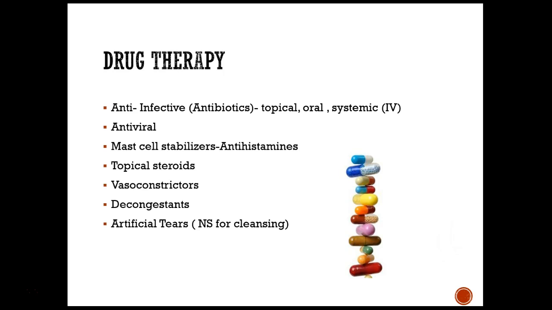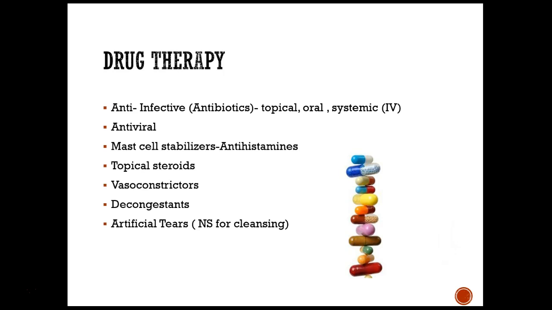So if we have a bacterial conjunctivitis, some examples of drug therapy that you might see ordered are penicillins, gentamicins, erythromycin, and bacitracin, which are a few of your broad spectrum ones. For the viral type, you might find acyclovir, but only for the herpes.